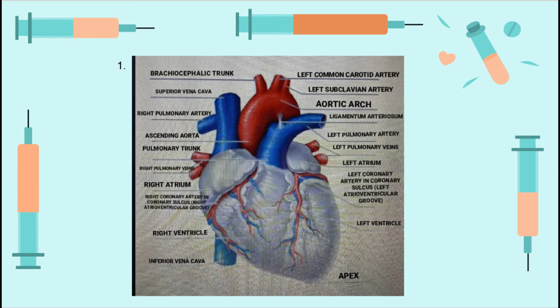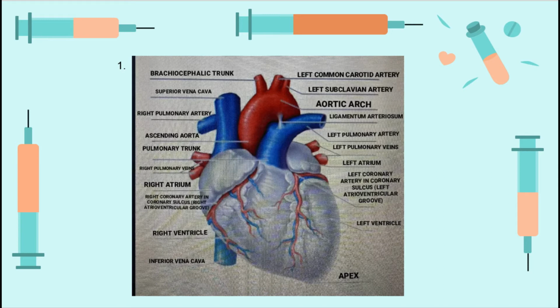The sixth one is the left pulmonary veins. They pass in front of the descending thoracic aorta and carry oxygenated blood. For the seventh one, which is the left atrium, it receives blood full of oxygen from the lungs and then empties the blood into the left ventricle.